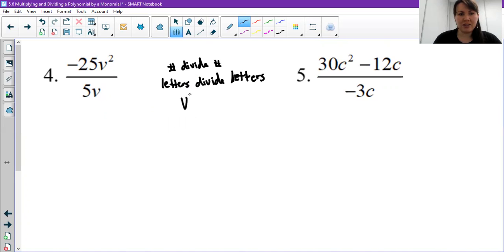So if I have v squared divided by v, when I have dividing with the same base, I subtract the exponents. So this means I would have v to the power of 2 subtract 1, right? And 2 take away 1 is 1, so that would just be v to the power of 1. Negative 25 divided by 5 would give me a negative 5. V squared over v, subtract your exponents, you just get v.